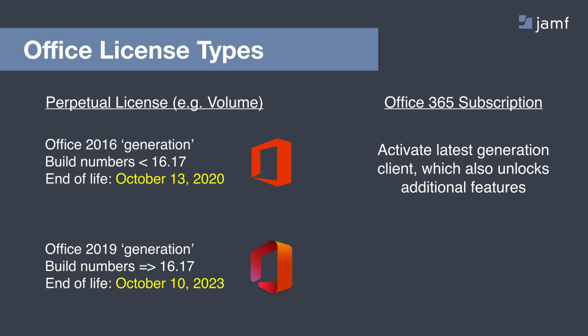Builds 16.17 or later are the 2019 generation, and for the 2016 generation, those latest builds are 16.16-something. Be aware that those perpetual licenses are only supported for 5 years. You can run the software for longer than 5 years, but we only maintain that branch of software with fixes and enhancements for that 5-year period.